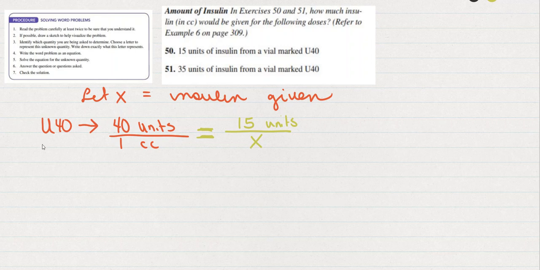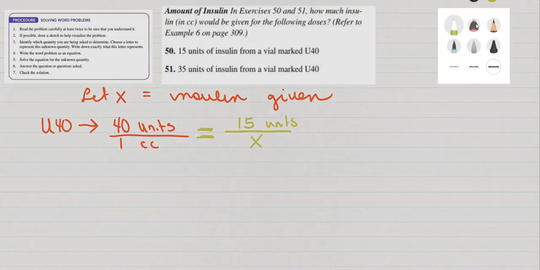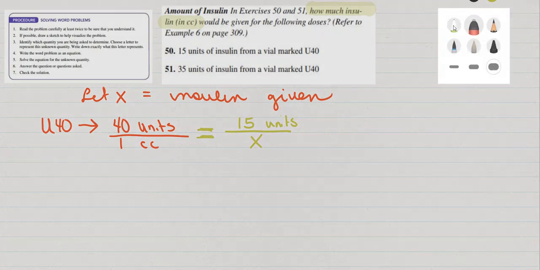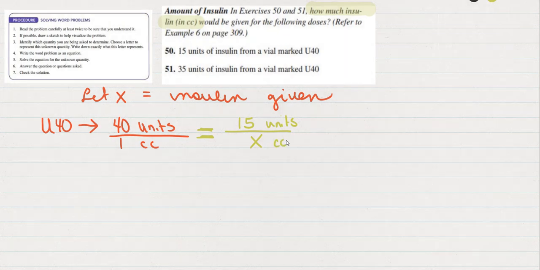So the bottom is the insulin part, the cc. How much insulin in cc? Let me highlight that. How much insulin in cc? So we can see that this x, the amount of insulin, matches up to the 1 cc. So this is how we'll set each of these up.